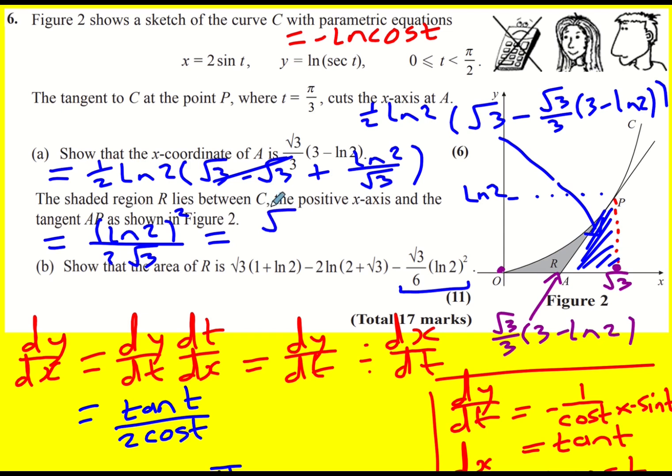So I'm going to times by root 3, top and bottom. And when I do that to the bottom, I get 2 times 3, so I'm going to get my 6. And I can see this is a good thing. I've managed to already sort this term out. The next bit is going to be to find the integral from 0 to root 3 and hopefully show that we get this, because then all we've got to do at the end is subtract that part.